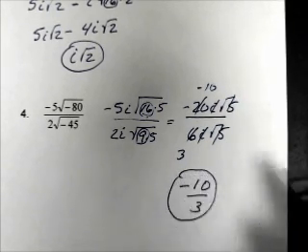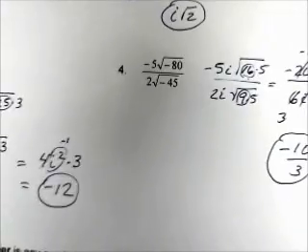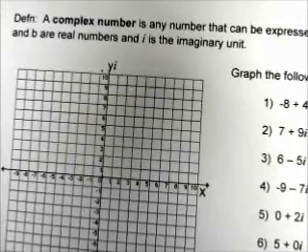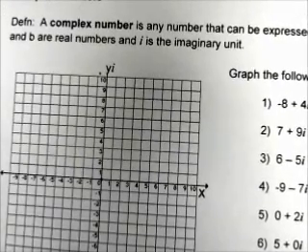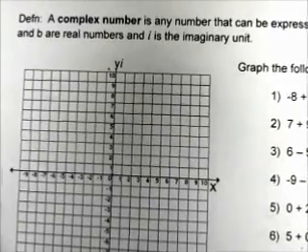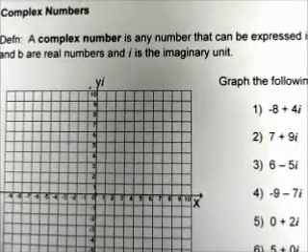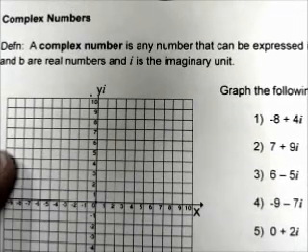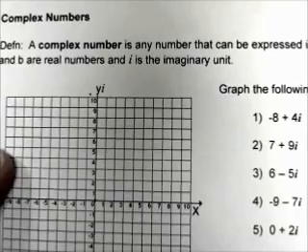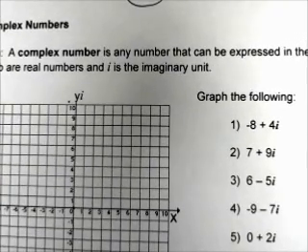All right, we'll have more practice with this in class. And the last thing for today is looking at our complex numbers on a coordinate plane. A complex number is any number that can be expressed in the form a plus bi, where a and b are real numbers and i is the imaginary unit.